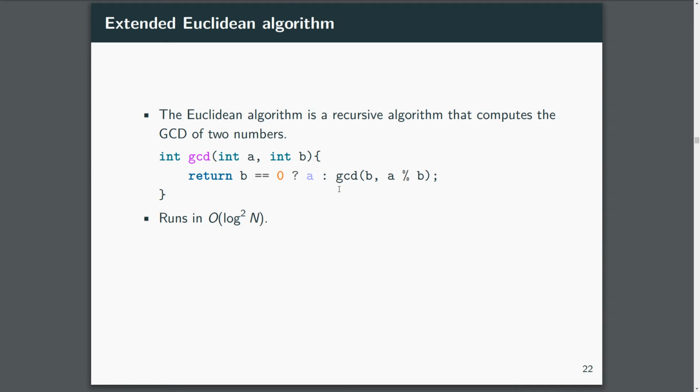Otherwise, it is the GCD of b and the remainder of a divided by b. And this function is logarithmic in time complexity.